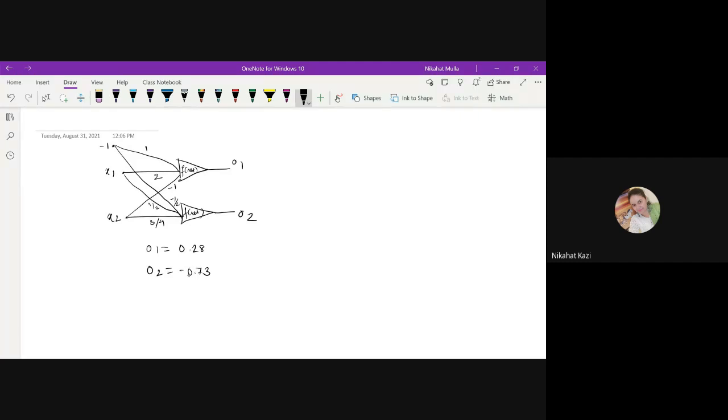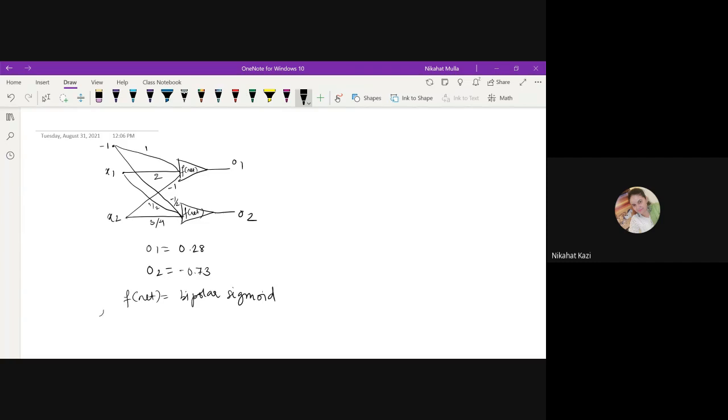And it is given that f of net is bipolar sigmoid. Fine. O1 is given, O2 is given, f of net is bipolar sigmoid.